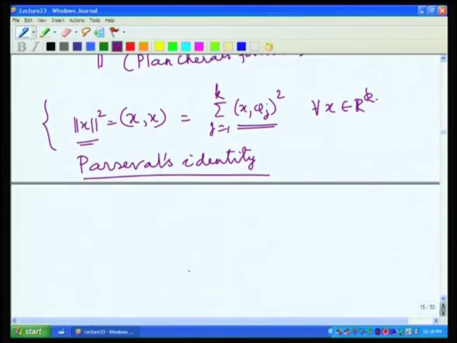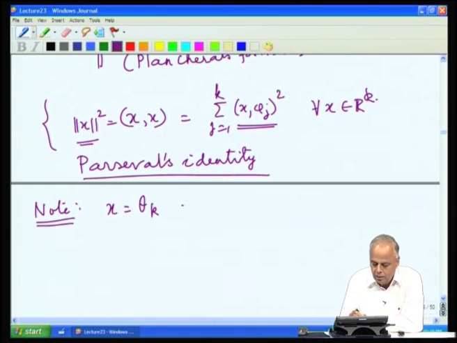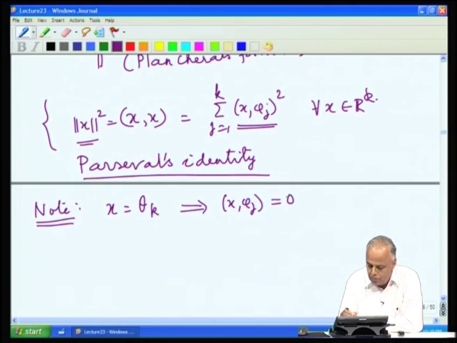Whatever orthonormal basis we choose, these identities hold. These are very important facts. Note that if a vector x is theta k, then all its Fourier coefficients must be 0, because the inner product of x with phi j is equal to 0.